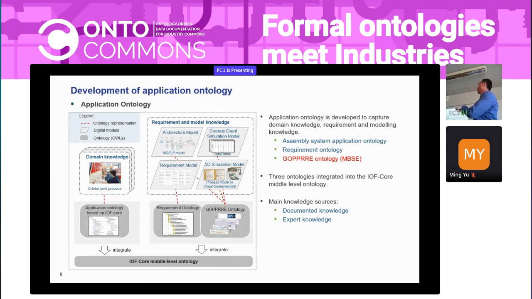On the very left is the domain knowledge, which is the most commonly modeled part. Basically, we define the classes and the individuals to describe what a real assembly process looks like in reality. And the IBSE ontology defines the classes and also individuals relevant to the modeling part.